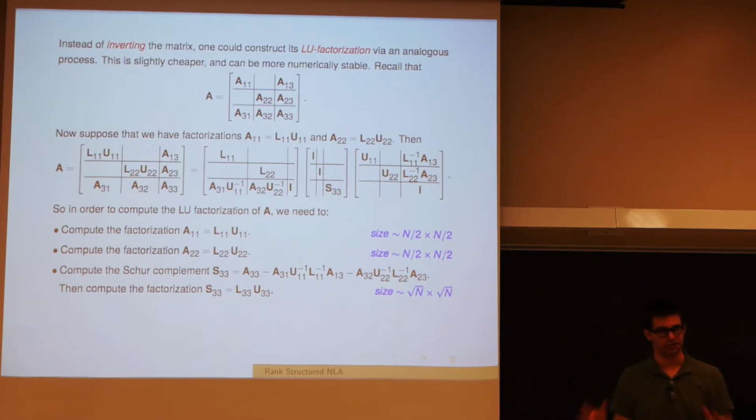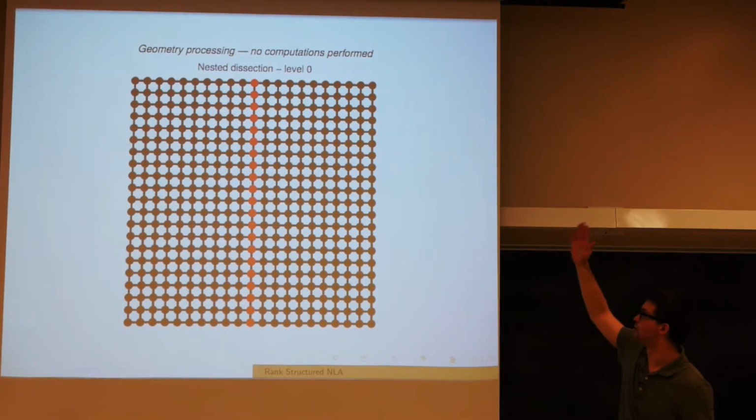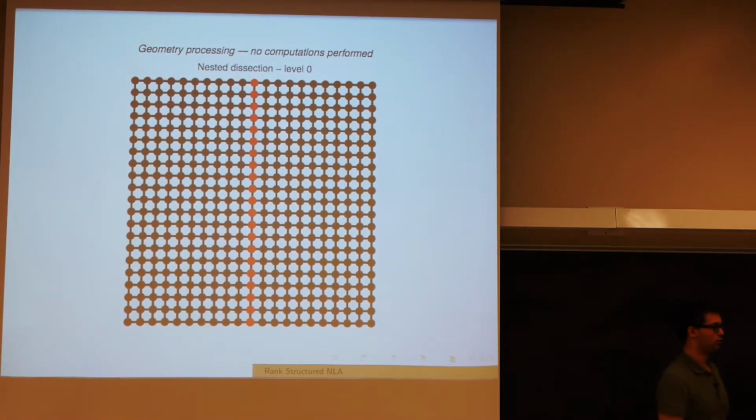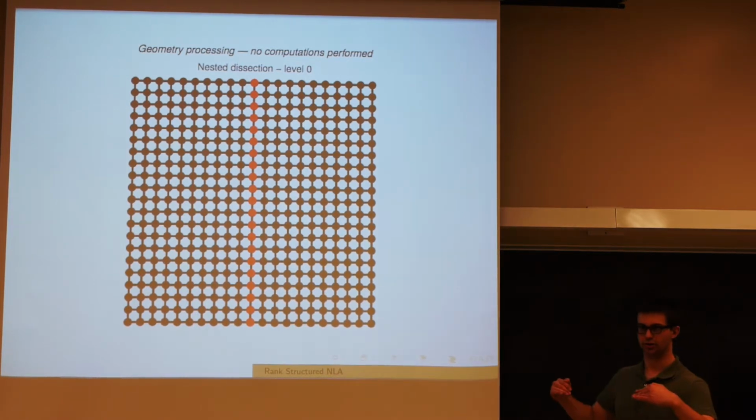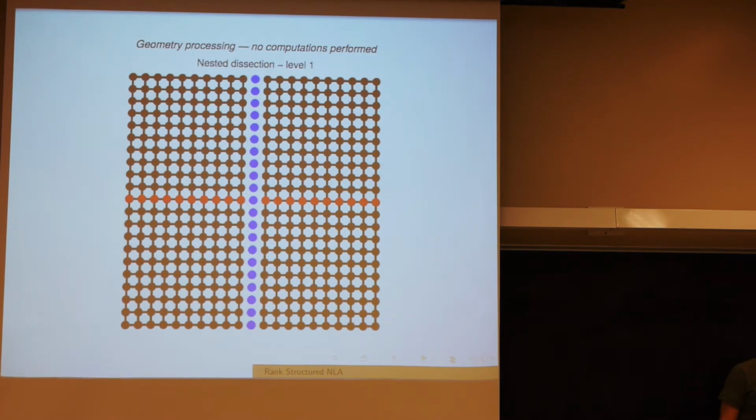So we want to do more levels than just one because we want to gain lots from this. To show what this looks like pictorially, this is our matrix with one level, one separator. Then you always alternate vertical and horizontal, and you do 2 to the power n separators each 2 levels. So this is 2 levels.